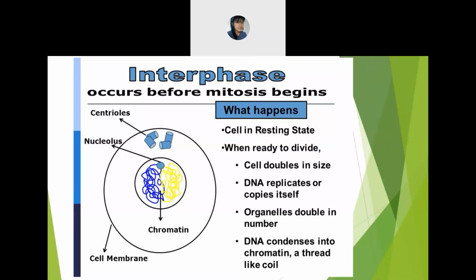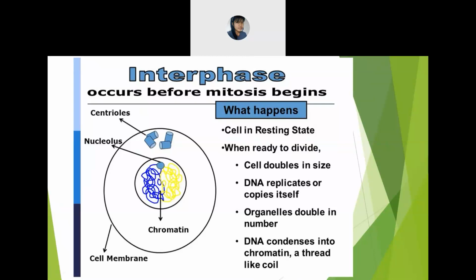Yes, ma'am. Just read it out once. Gayatri, please read out. Interphase occurs before mitosis begins. Okay, fine. I thought it was not visible. So interphase is the first phase in the mitotic. It means it occurs before the mitotic begins.